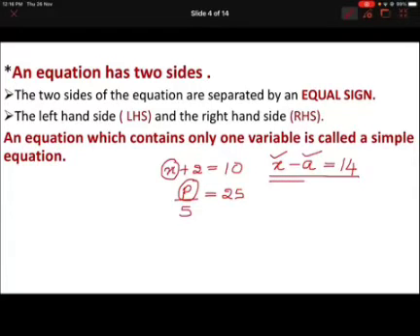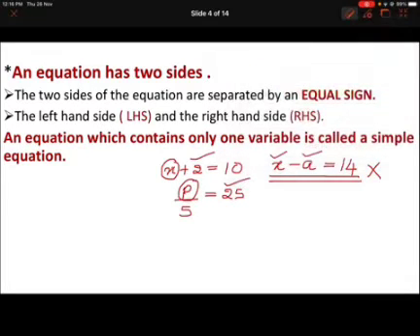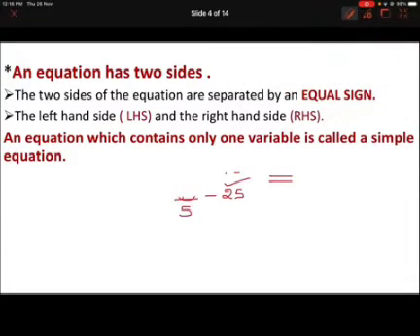So this is not a simple equation, but these two are simple equations. Please bear that in mind. So read what a simple equation means. A simple equation is an equation that contains only one variable. Only one variable. Then that equation is called simple equation.